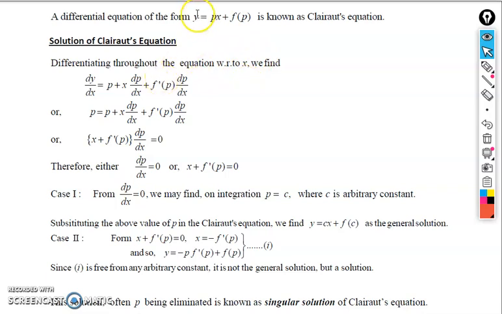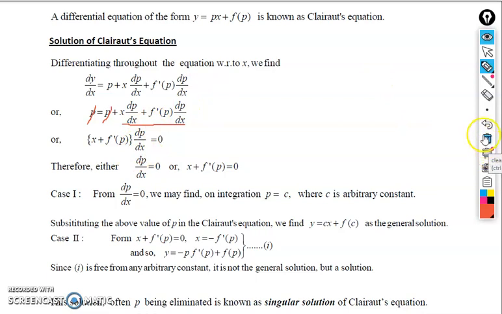We find the left hand side y becomes dy/dx, px becomes, when we differentiate x it becomes p, and when we differentiate p it becomes x dp/dx, and f(p) becomes f'(p) dp/dx. And dy/dx is nothing but p, so p should cancel out from both sides. The remaining quantity of this equation becomes (x plus f'(p)) dp/dx, nothing more.